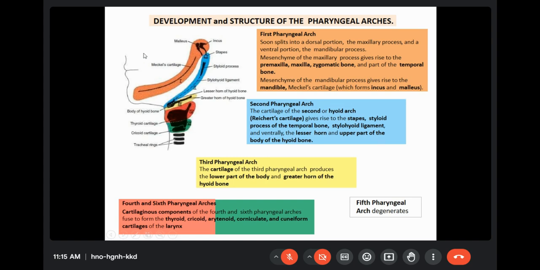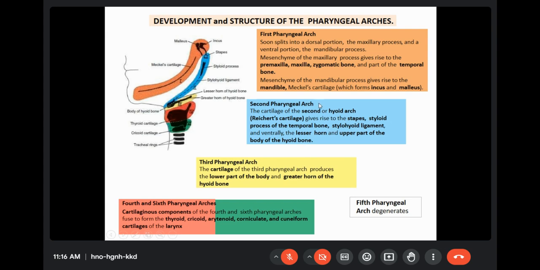Also it will give the zygomatic bone and the part of the temporal bone. Mesenchyme of the mandibular process gives rise to the mandible, lower jaw, and Meckel cartilage, which is shown here as the black line, and the Meckel cartilage partly makes two of three bones of the middle ear, the malleus and the incus.